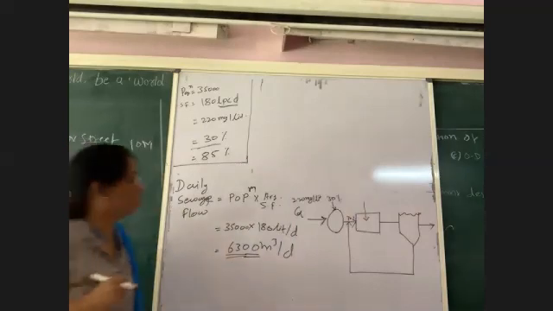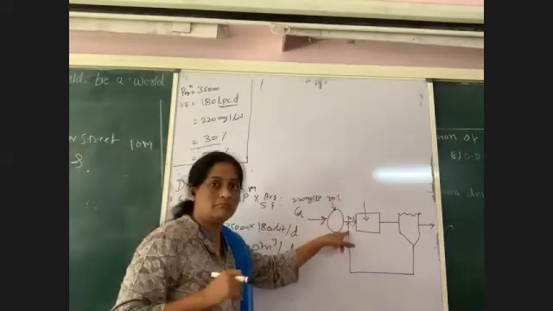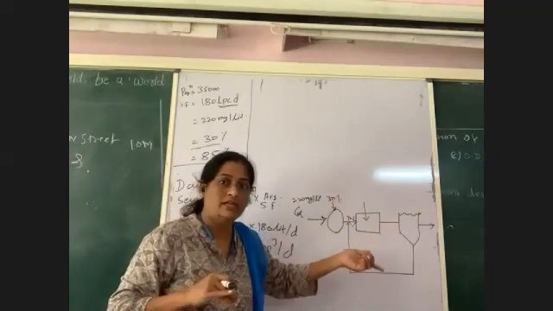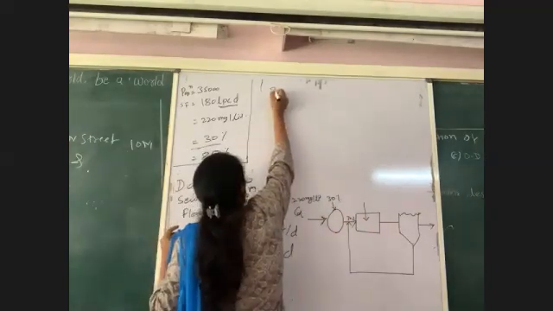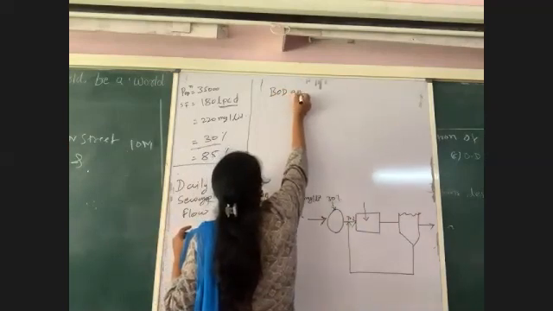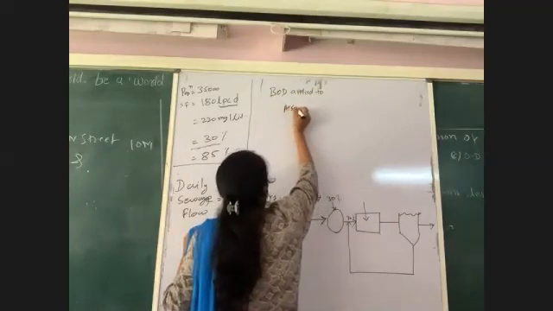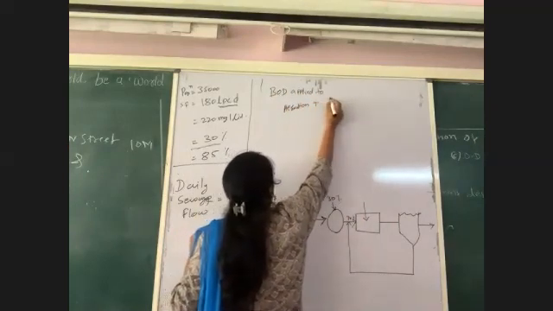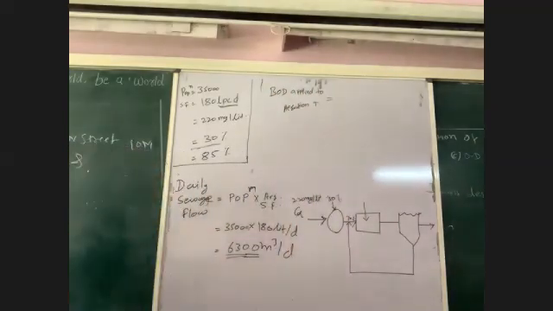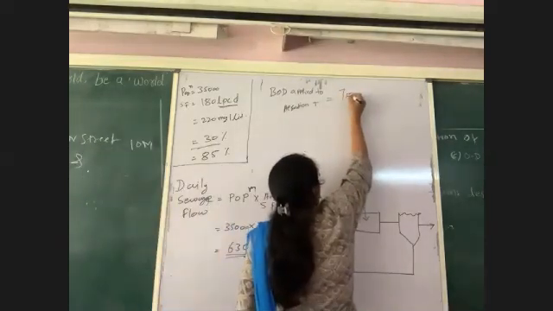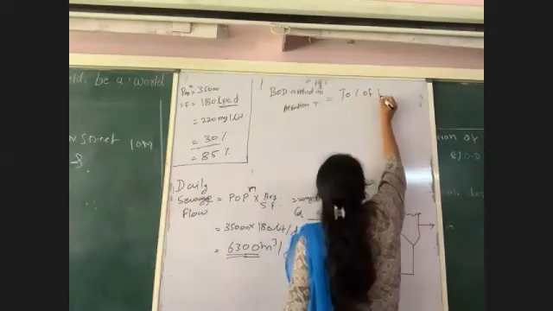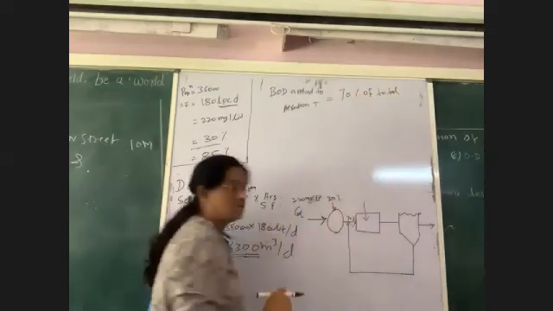It is given in percentage, but you have to find out the value. BOD applied to the aeration tank is 70% of total.